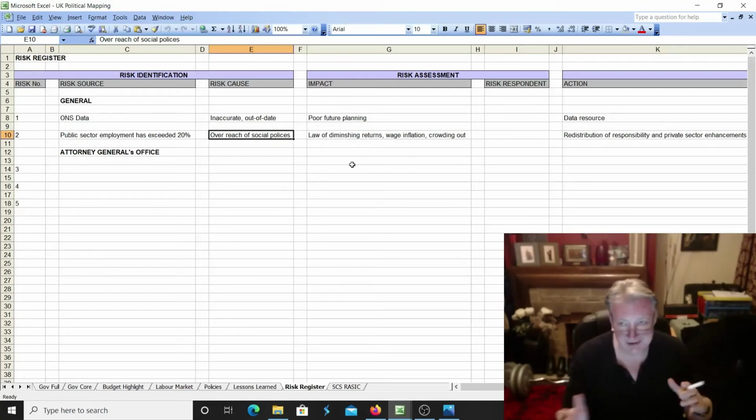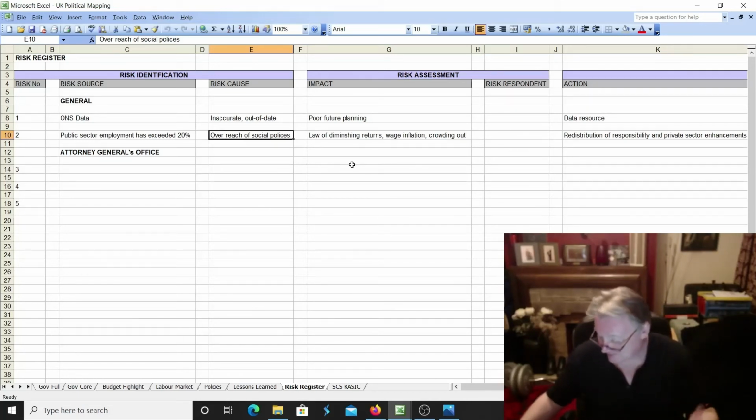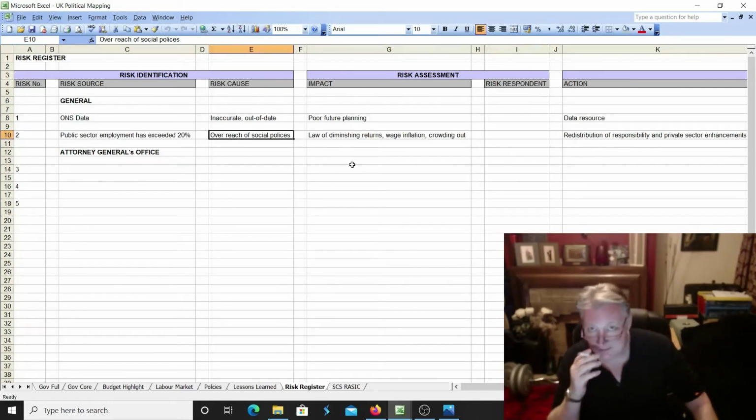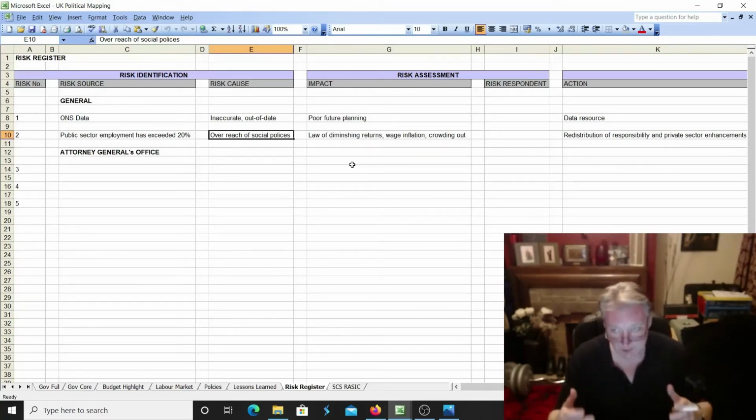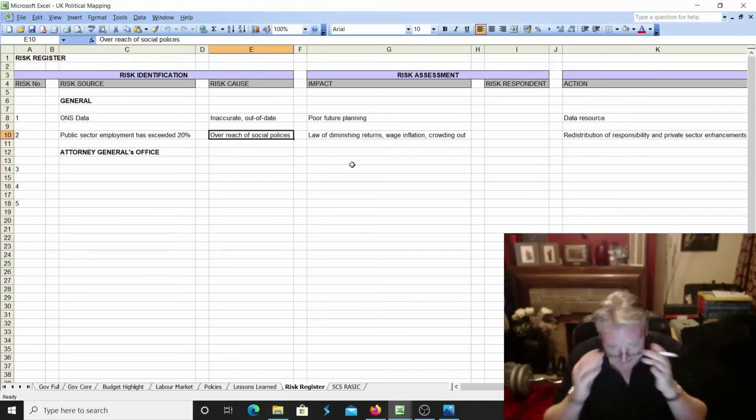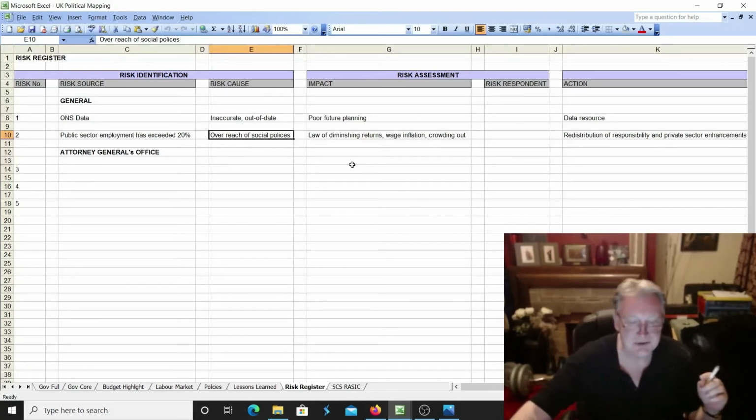So it's laying blame where it really doesn't belong. It's laying blame where it should be pointed towards things like cronyism and corruption at a governmental level. That's where the problems come in. So it's understanding where the real causes of problems come from. Then you can present a solution.